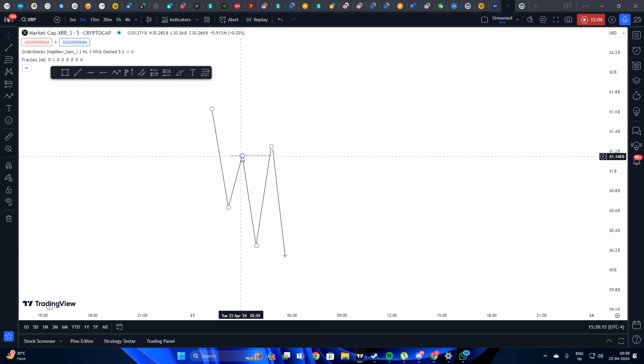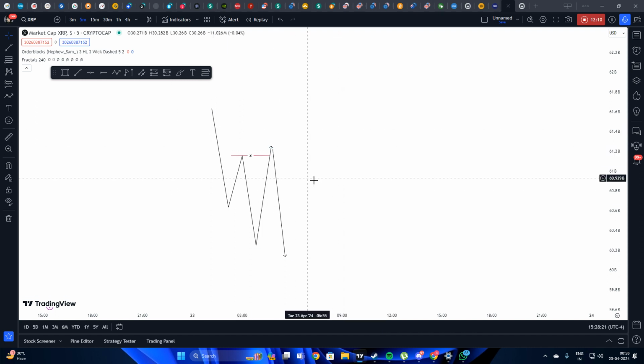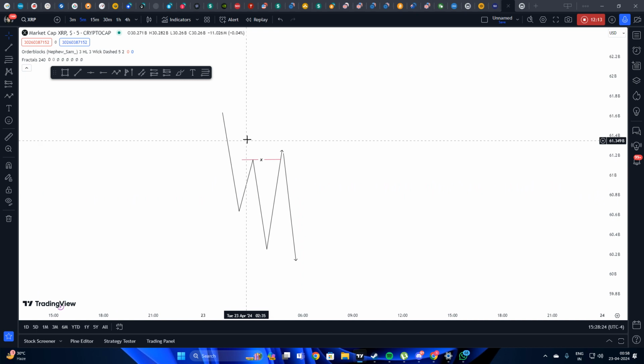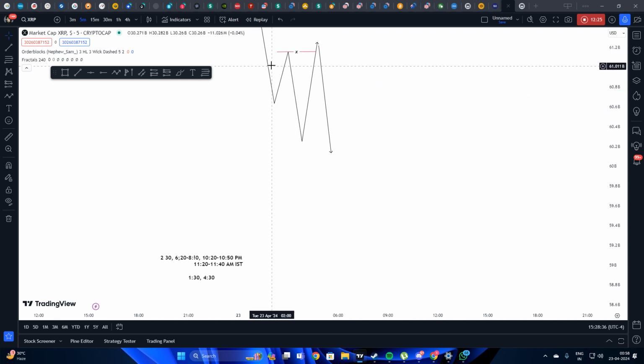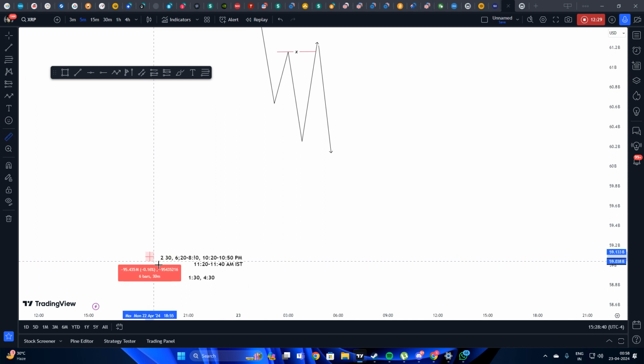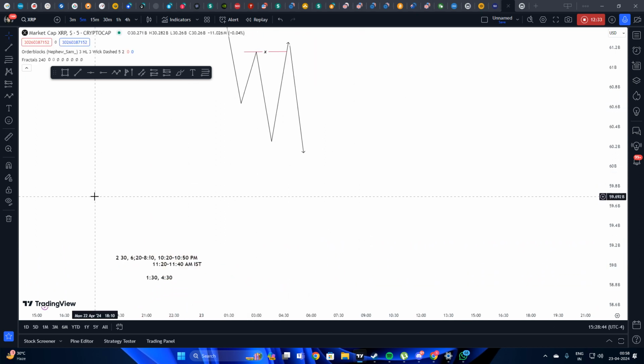Now, what is this called? This is essentially called a short, right? But to make a turtle soup happen, there needs to be a fake CHoCH at least 60 to 70% of the time. If a fake CHoCH is present and the market is in these tradable timings, you are blessed.